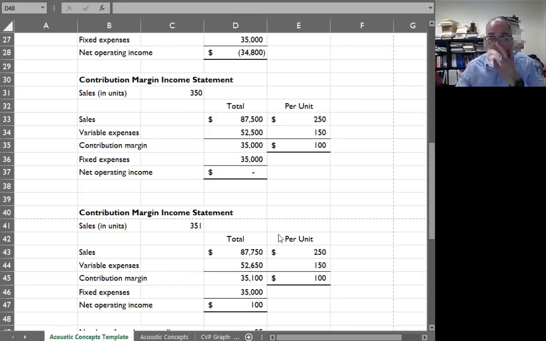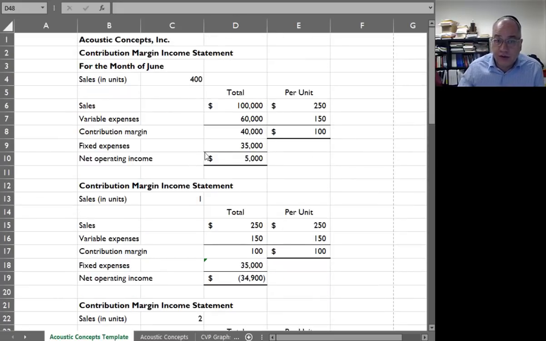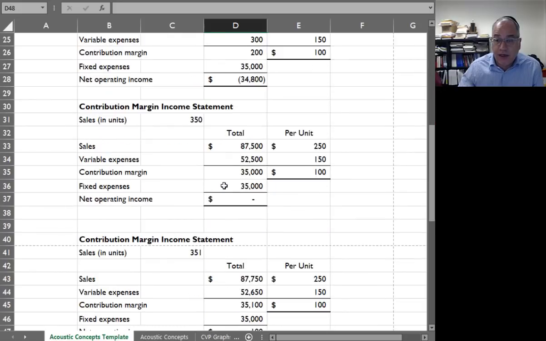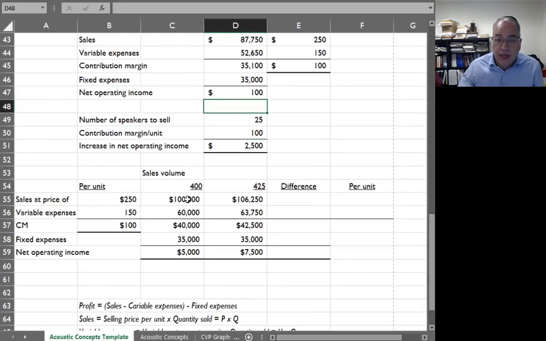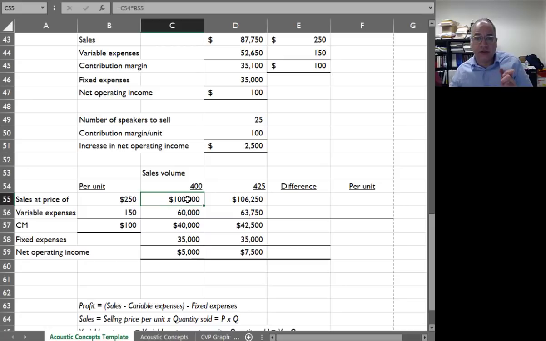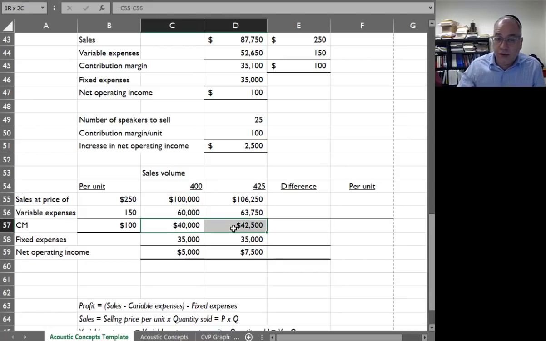And again, let's look at what happens with 400 units. You're going to have $5,000 net operating income. And as your sales increase, you can see that contribution margin is going to increase. Fixed expenses are going to stay the same, so net operating income is going to increase.